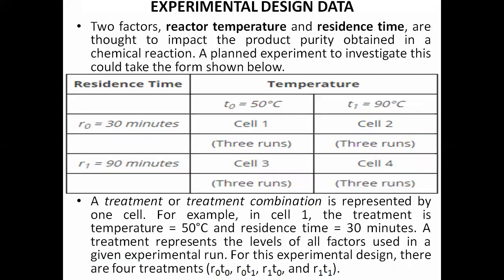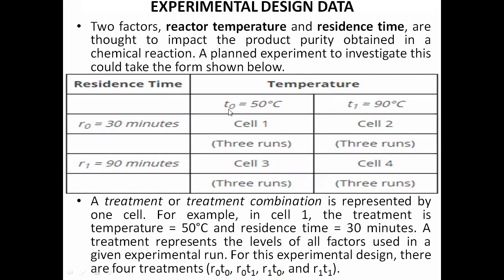Now coming here, two factors, reactor temperature and residence time, are thought to impact the product purity obtained in a chemical reaction. A planned experiment to investigate this could take the form shown below, for example, residence time and temperature. Here the conditions: residence time R0 equal to 30 minutes, whereas there are four cells: cell 1, cell 2, cell 3 and cell 4.